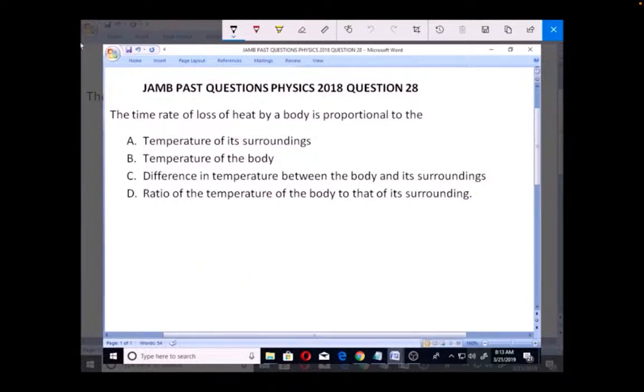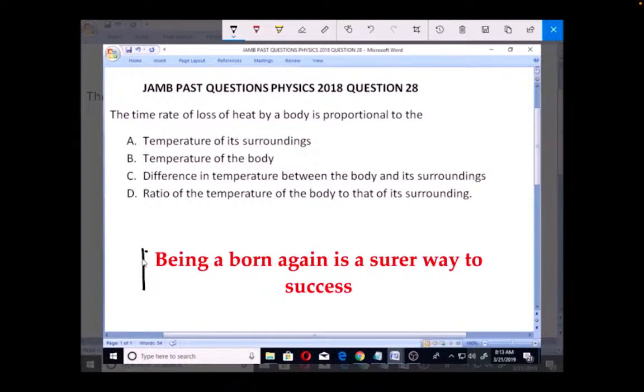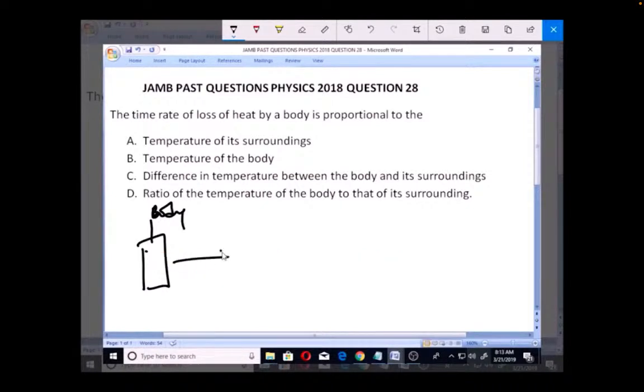Now we need to understand what loss of heat is all about. So let's say we have this body and it's losing heat to the surrounding. What will ensure that there is loss of heat from this body having temperature T1 to the surrounding having temperature T2 is what we call temperature gradient.